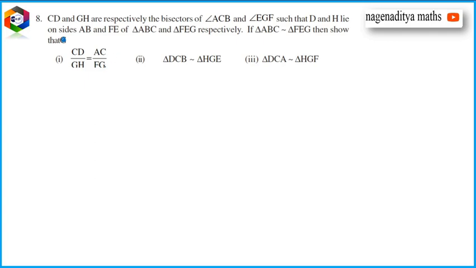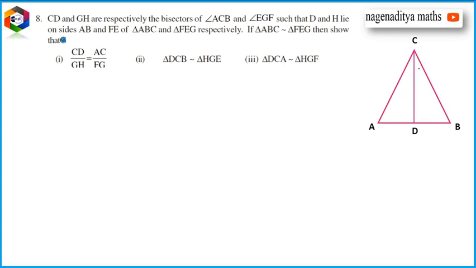To prove the above, first we have to draw the required diagrams. The first one is triangle ABC. Here CD is the angular bisector.